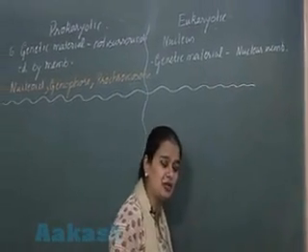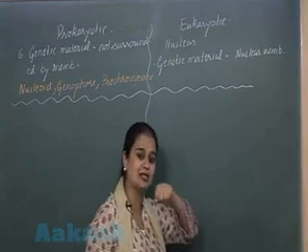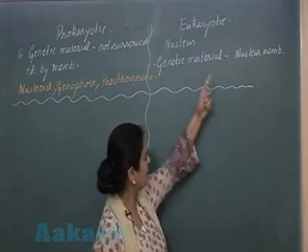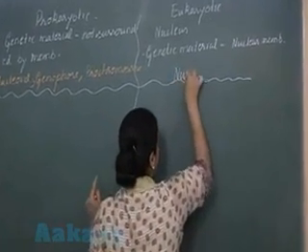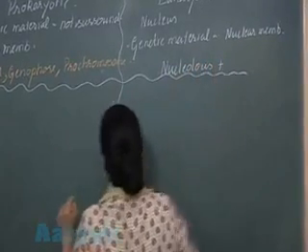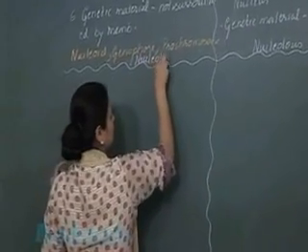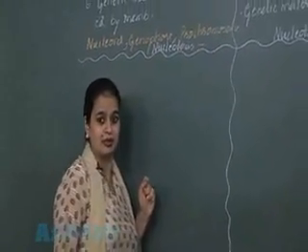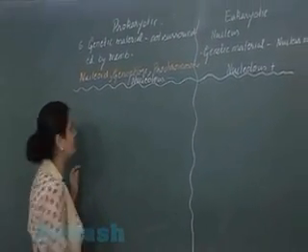In the case of the eukaryotes, inside the nucleus there is a structure, the nucleolus. Yes, here the nucleolus is present, and in the case of the prokaryotes, the nucleolus is absent.